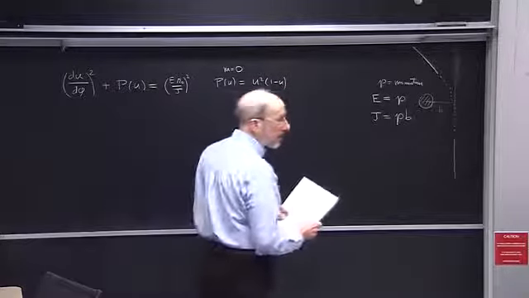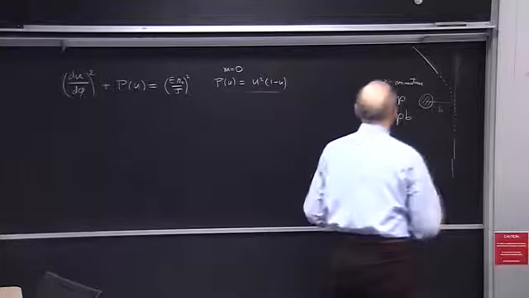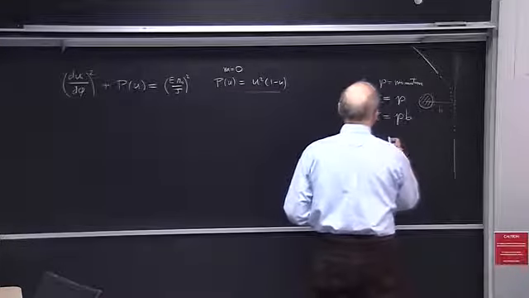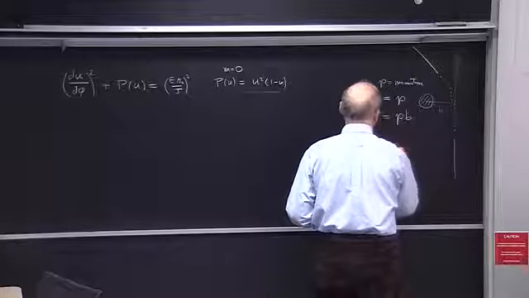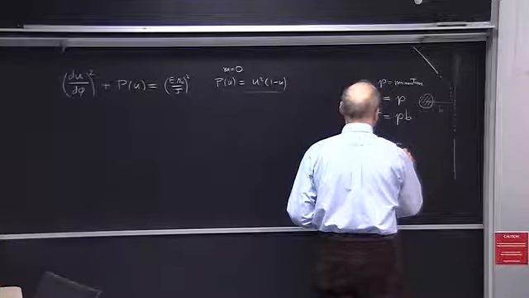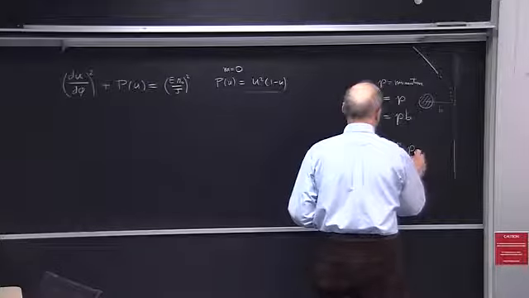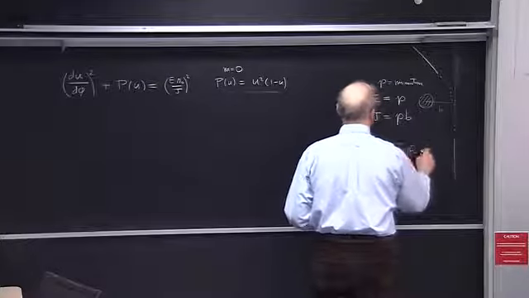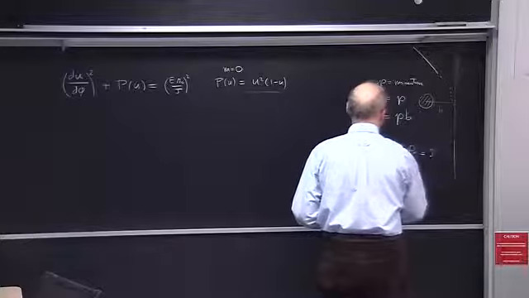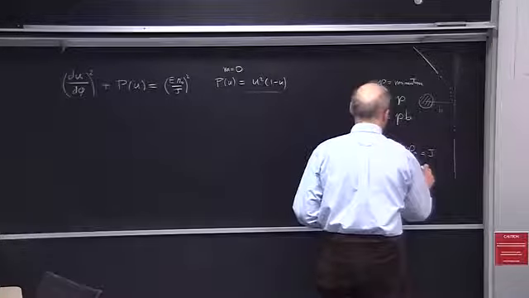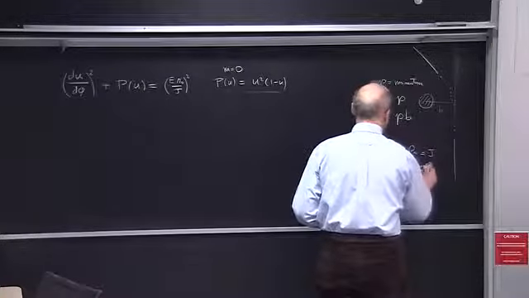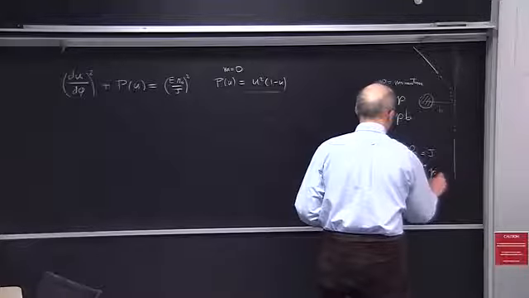If you remember, this is what we would have called zeta, the rotational Killing vector, contracted with p, p being the four-momentum. That was our J, and the other one, E, was minus the timelike Killing vector contracted with p. Just to remind you.